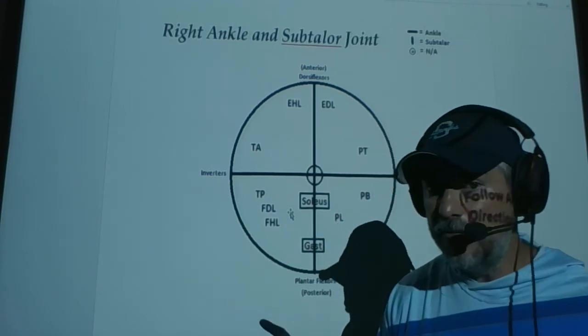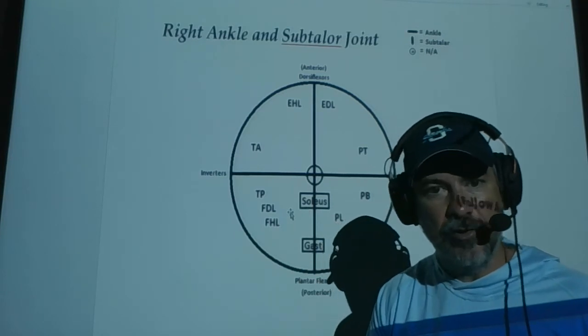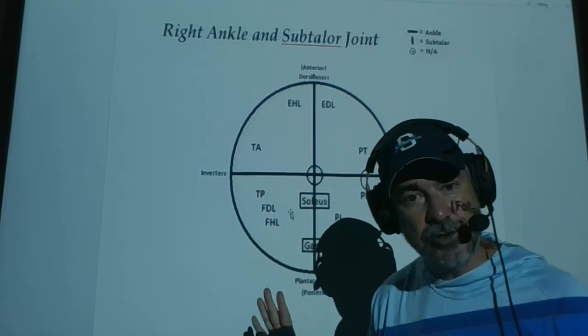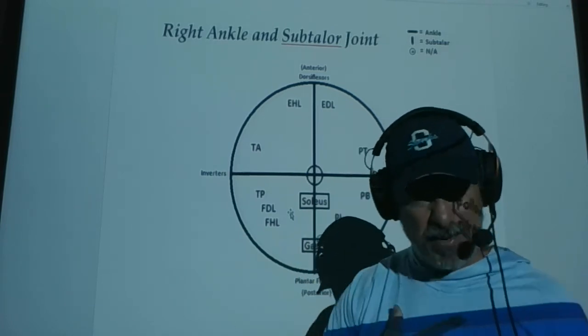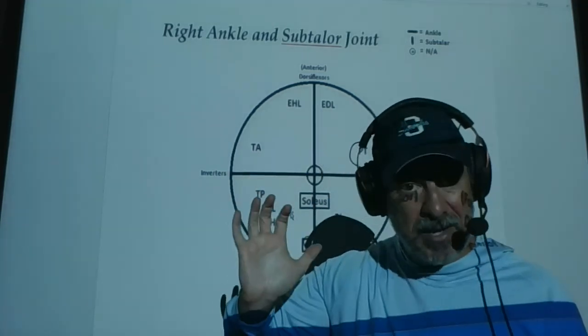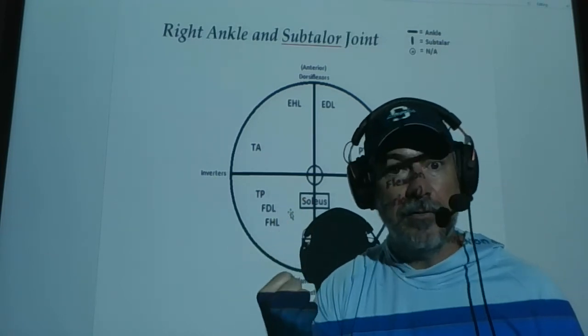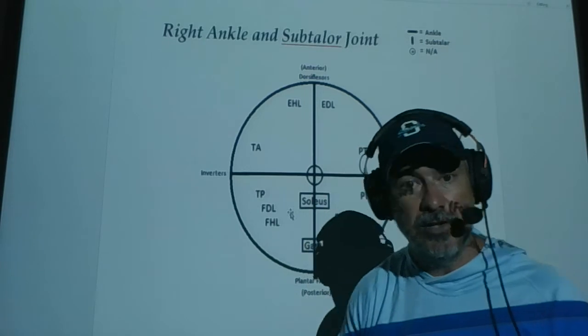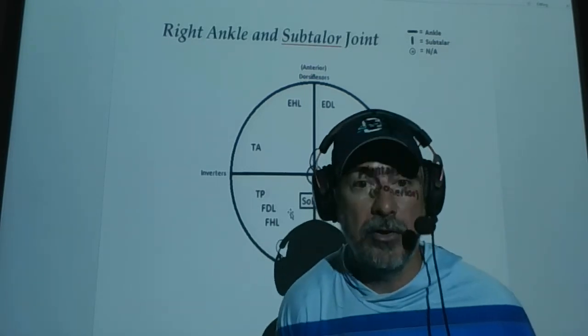I need that plantar flexion to happen at my own speed, slower than what those external forces are trying to offer. So I'm going to need eccentric contraction of my dorsiflexors to allow the plantar flexion to occur at the speed I need to transition from heel strike to foot flat. I need dorsiflexors to work eccentrically to control the plantar flexion speed. Who are my dorsiflexors?